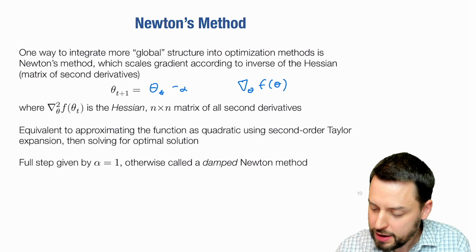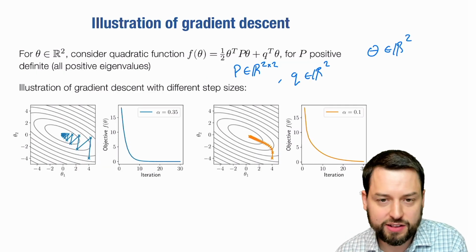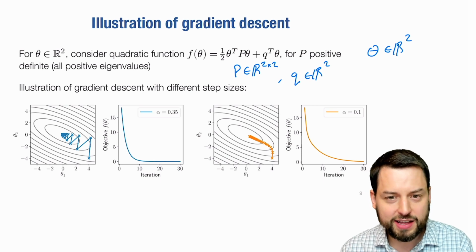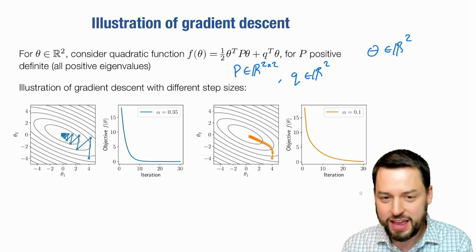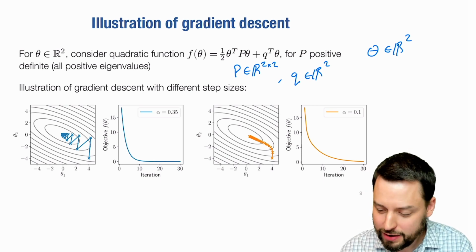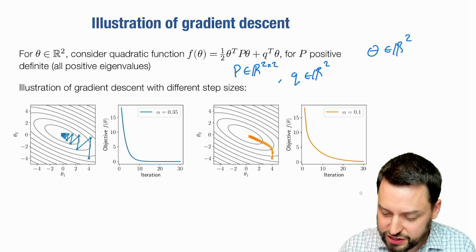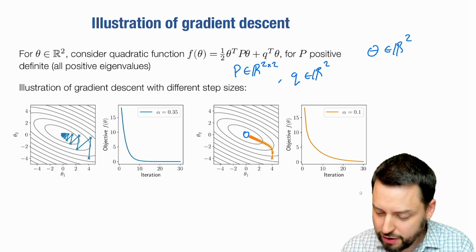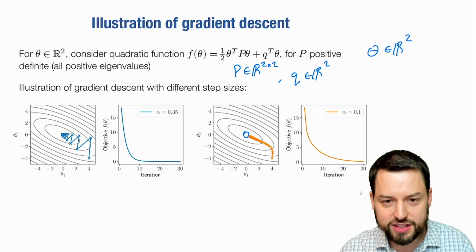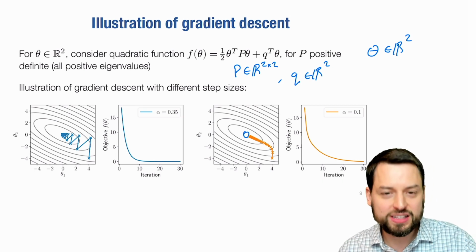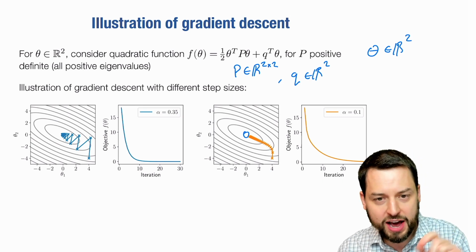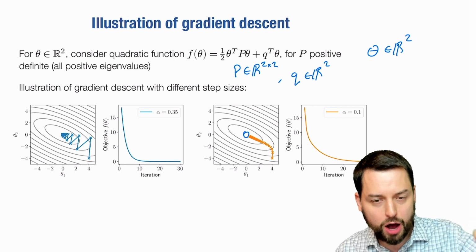So actually, to motivate this, I'm going to go back to the previous slide for a second. Gradient descent seems to take a lot of time to do something very simple here, right? We know in this function that the optimum is right here. If we're starting over here, the fact that this function has different magnitudes in different directions causes the gradient to not be very aligned with the proper direction to the optimum.